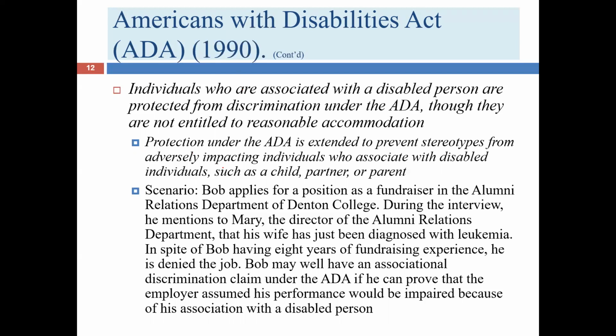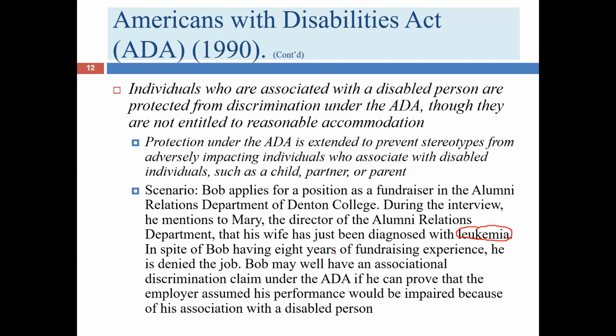So let's consider this scenario. Bob has applied for a job. During the interview, he mentions that his wife has leukemia. That's almost certainly going to be considered a disability. We'll go through it when we look at the definition of disability. We'll see how it's covered, but it certainly seems like a disability. He has excellent credentials, but he is not given the job.